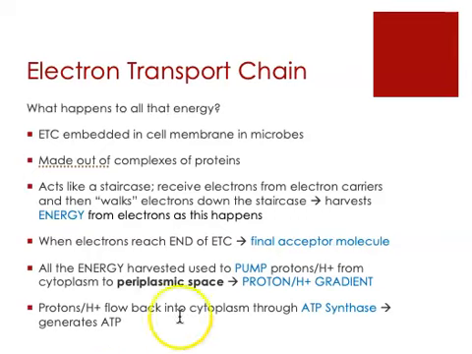Now we're building a proton gradient across the cell membrane. The energy that was harvested from the electrons as they pass down the electron transport chain, that energy is going to be used to pump hydrogen ions from the cytoplasm across the membrane into the periplasmic space. Remember, we talked about active transport. We said pump proteins do that work.